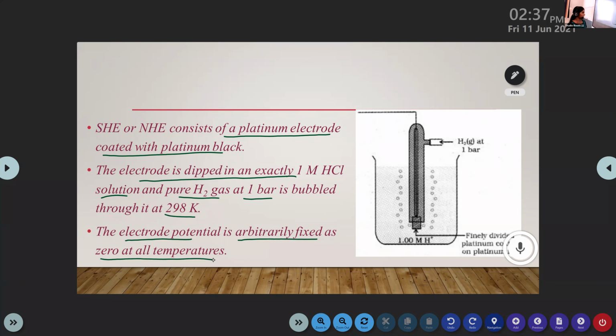It is a platinum electrode coated with platinum black, dipped in HCl solution, with pure H2 gas bubbled through it. The pressure is fixed as 1 bar, the temperature as 298 Kelvin, and the electrode potential value is fixed at 0 at all temperatures. So these are the features of the standard hydrogen electrode.